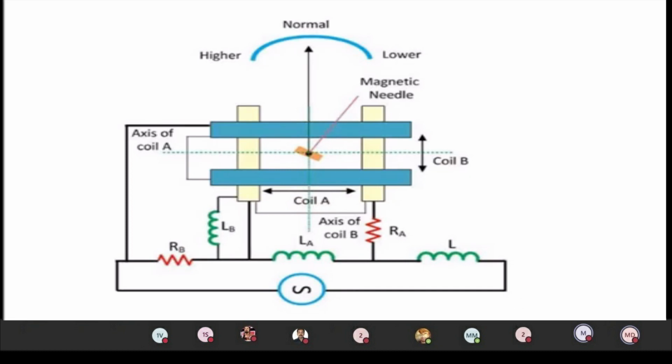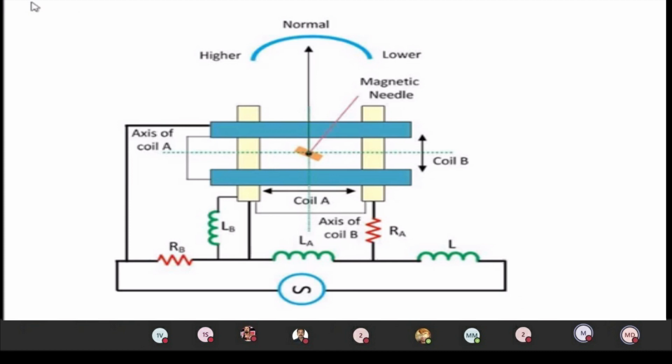In this Western frequency meter, we are going to check whether the frequency is at a normal value, a lower value, or a higher value. How to see this? Case number one, the supply frequency is normal.